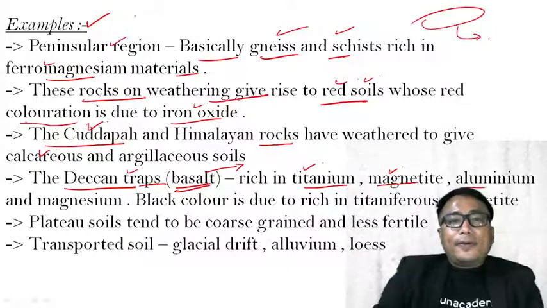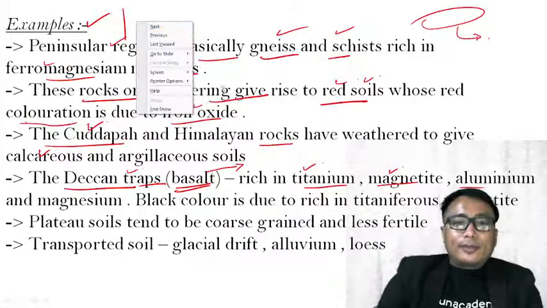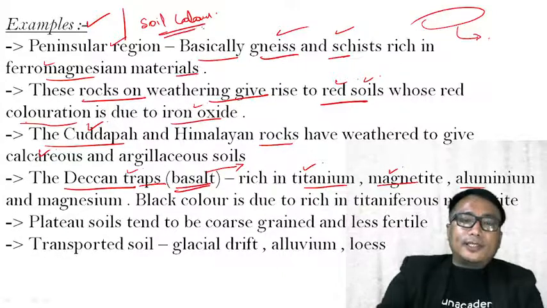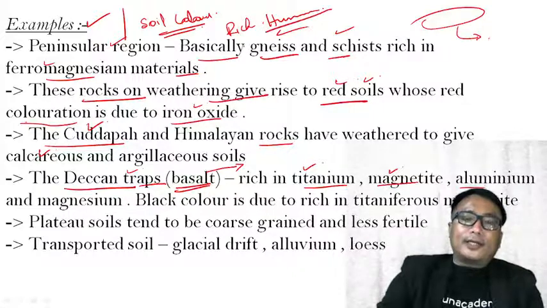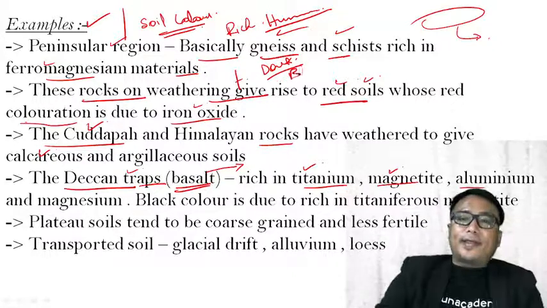Now, during our discussion of soil color, we have already discussed that if a soil is rich in humus, that is the organic content, then the color of the soil will be dark, or you can say black.